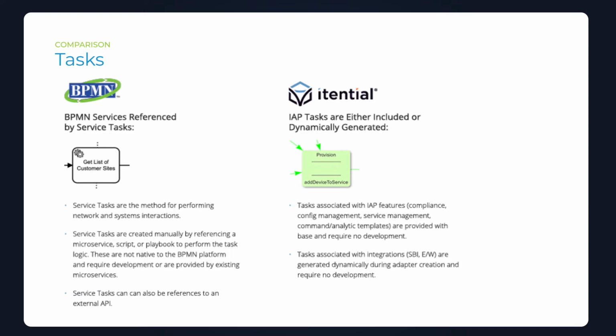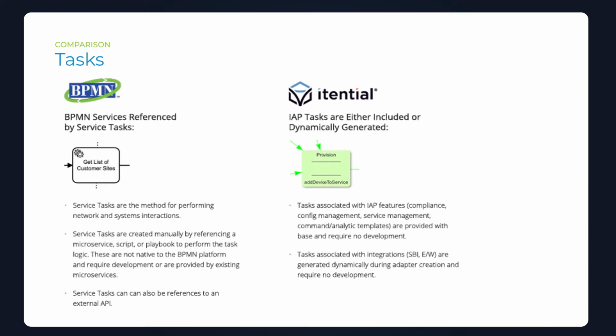It's important when contrasting the two systems to understand that the service task functionality is separate from the service task, and it's not native to the BPM platform, and it may require significant development or needs to be provided by an existing service. Service tasks can also be references to an external API, and down at the bottom you can see an example of a service task. In this case, it's saying get a list of customer sites. Compare that to a task within Itential Automation Platform.